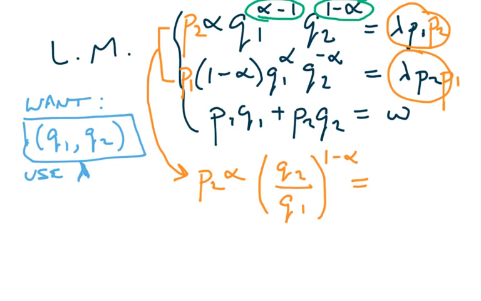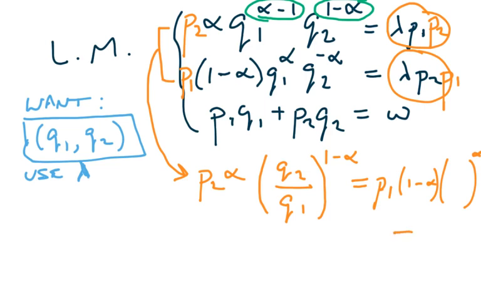In the second line, copying down from the second equation, we would have p1, 1 minus alpha. And now our quotient here might be a little bit easier to see. We're going to have alpha as our exponent.